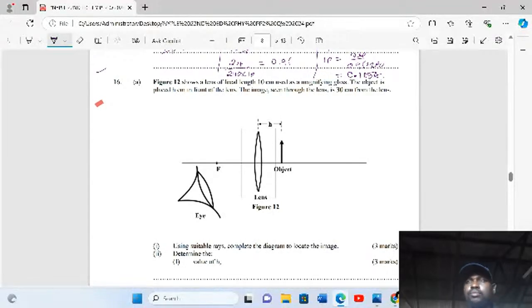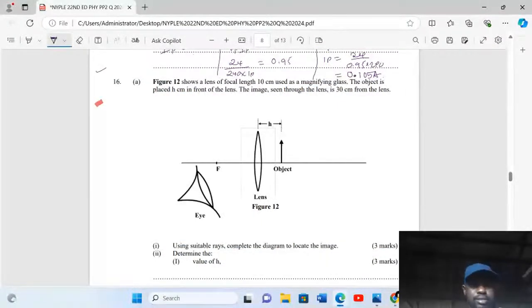We have question 16. It is about the lenses. You are told that it's of focal length 10 centimeters. It is used as a magnifying lens.